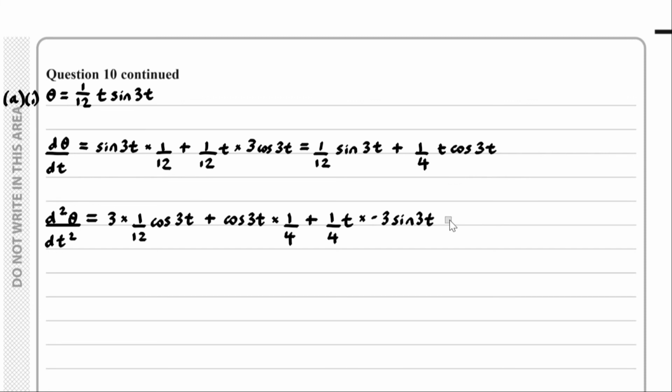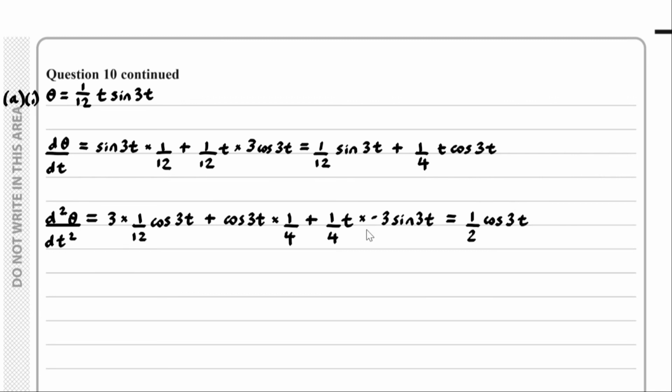If I tidy all of this up, I've got a quarter cos 3t and another quarter cos 3t, so that is 1/2 cos 3t.